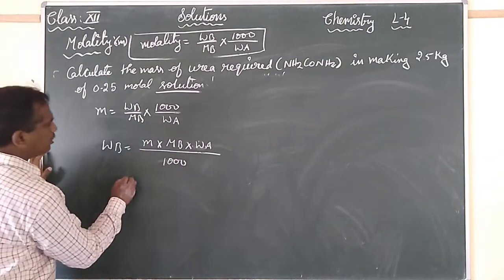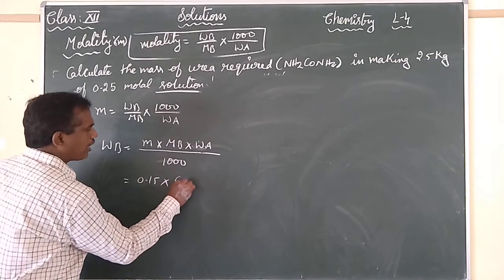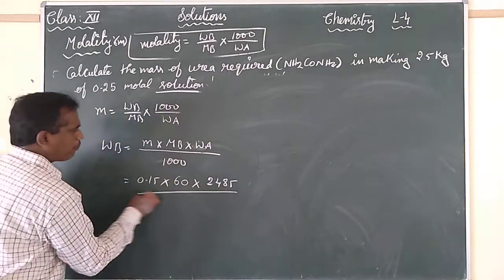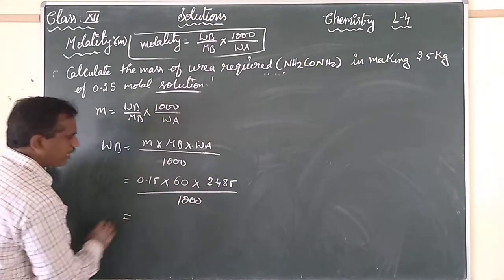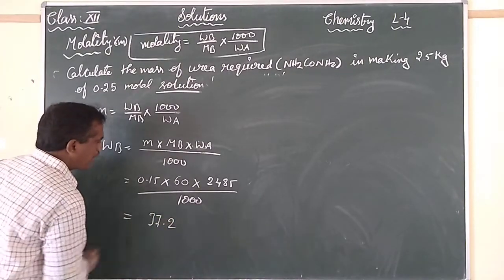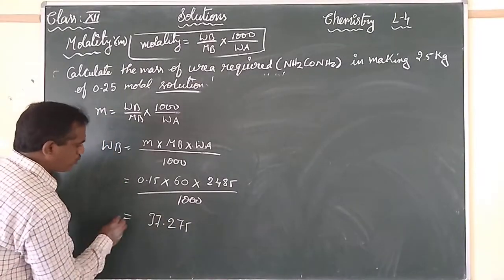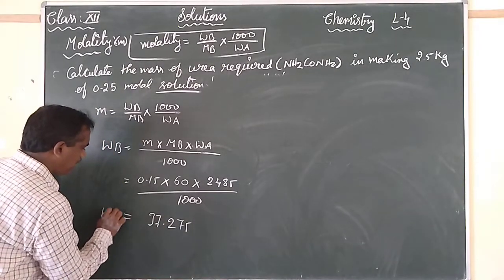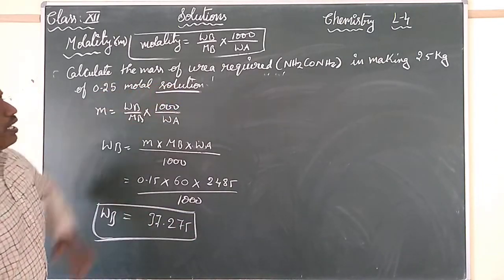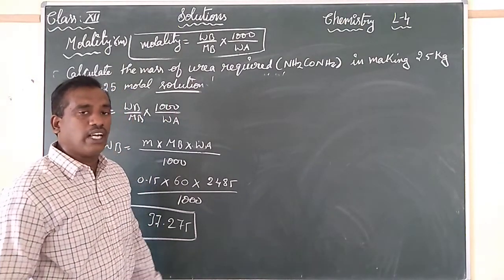We know the molarity 0.25, MB the molar mass we got 60, into 2485 upon 1000. How much are you getting, children? Around 37.275 grams we will be getting. So this is the amount of urea that is required. Thank you. In the next class we shall continue with the next topic.